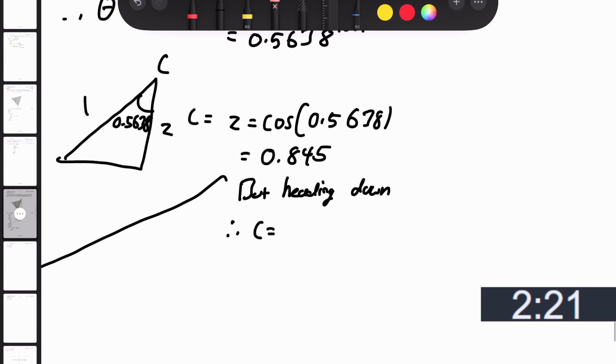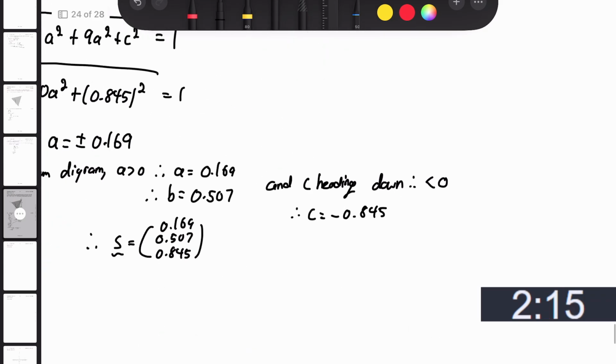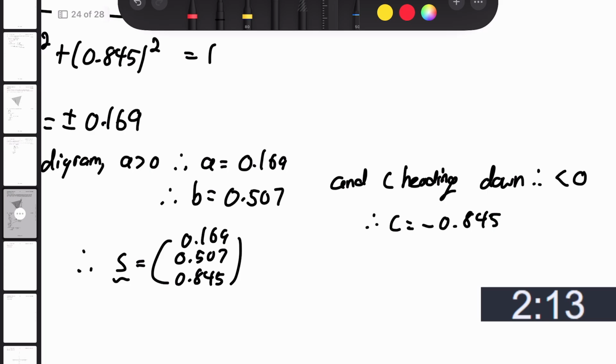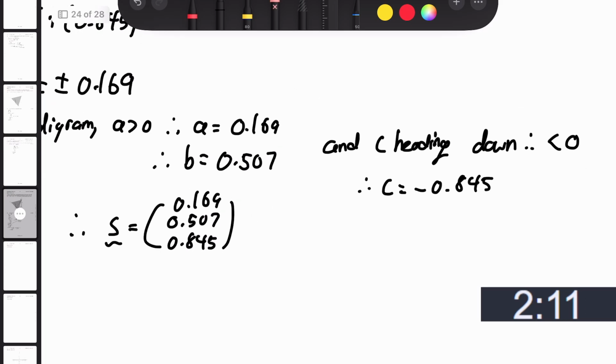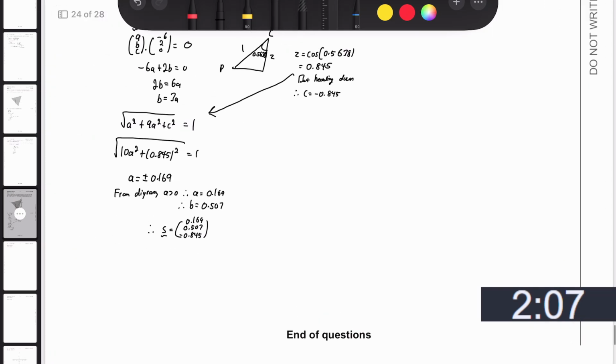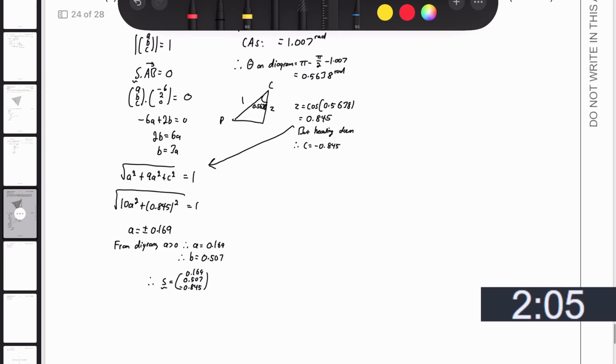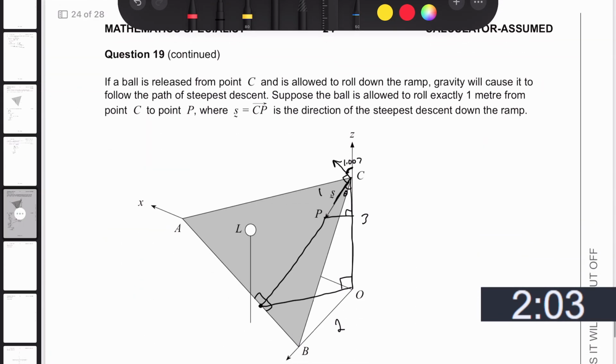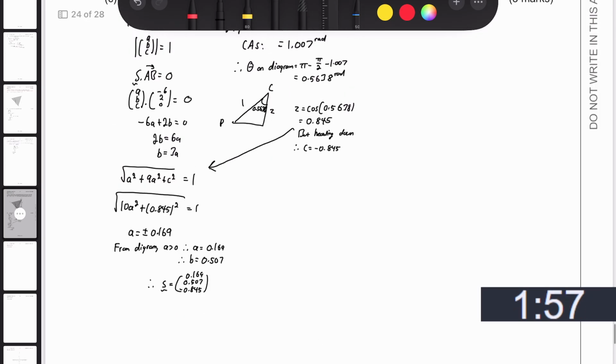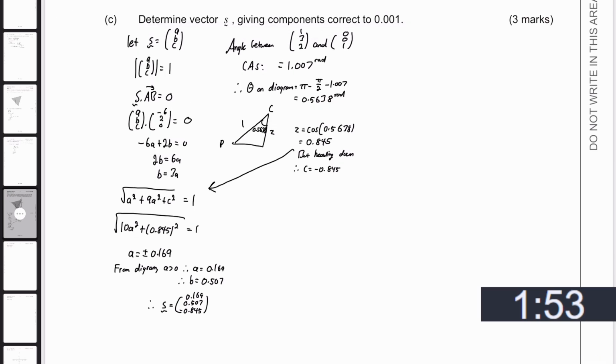Therefore C is equal to negative 0.845. Okay, so we'll do that then. And then I'll just put here negative. Okay, I think that all makes sense now. Going down, slightly going to the left, and we are definitely moving away from the Z-axis. So yeah, alrighty. Now I'm happy. Bada bing, bada boom. Let's end it here.